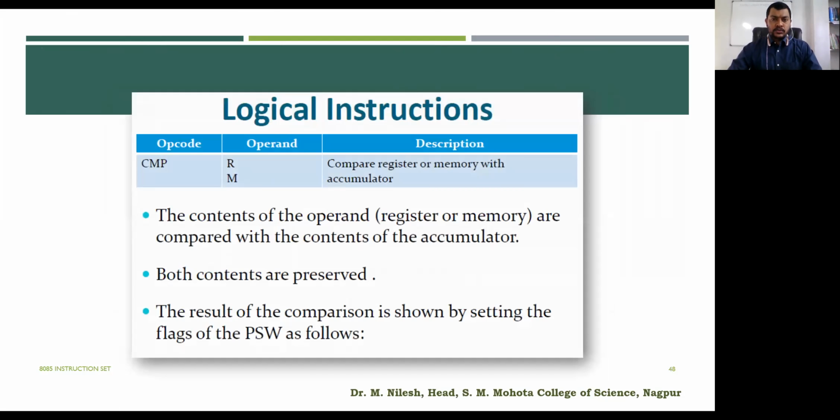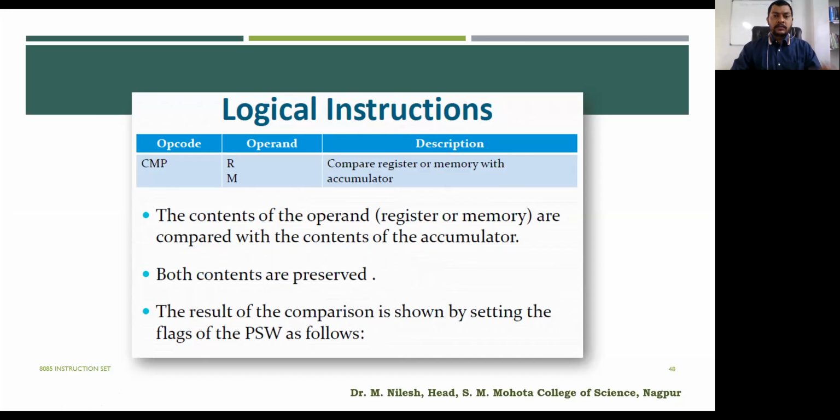The first instruction is compare R or compare M. Now, what are we going to compare with? The content of register R is to be compared with the contents of the accumulator, right? So one of the data by default should be in the accumulator.